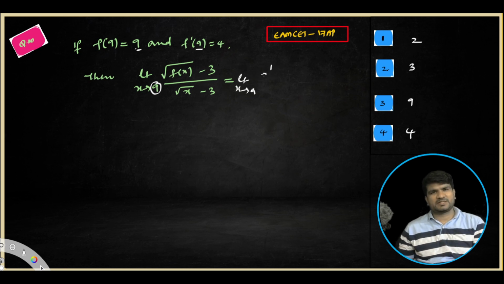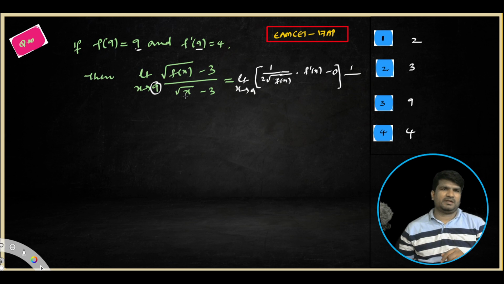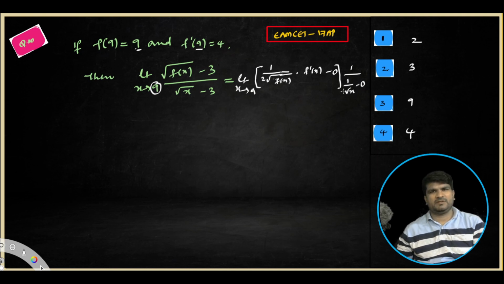differentiation of root x is 1 by 2 root x, but in the place of x, f of x is there, and the inner derivative of f of x is f dash x; differentiation of 3 is 0. So this is the differentiation of the numerator. Now for the denominator, root x, again the differentiation of root x is 1 by 2 root x, and differentiation of 3 is 0. So if you write in order, the 1 by 2 and 1 by 2 get cancelled.